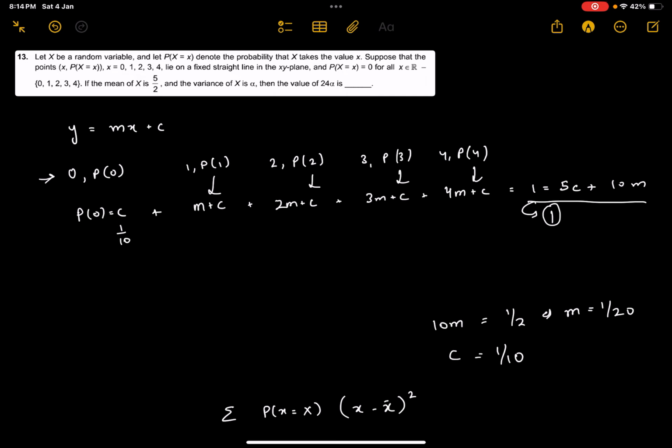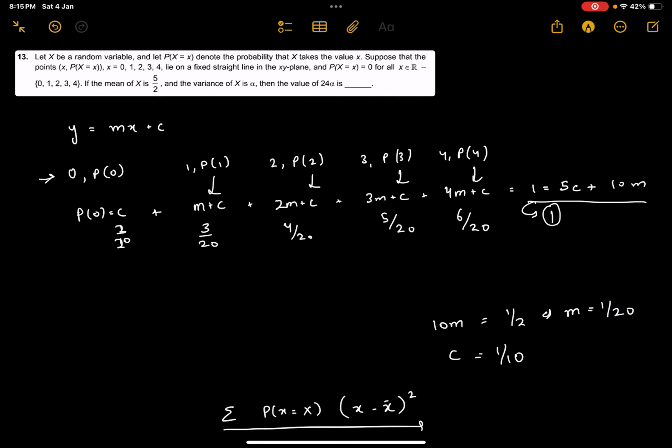P0 is 1 by 10, which is 2 by 20. P1 is 3 by 20. P2 is 4 by 20. P3 is 5 by 20. And P4 is 6 by 20. We need to find this.